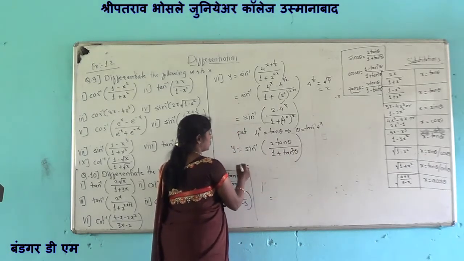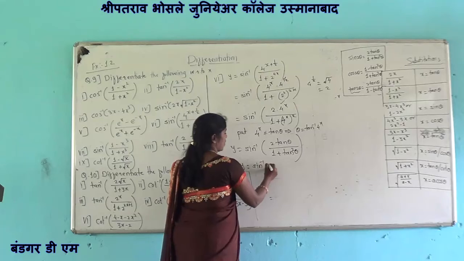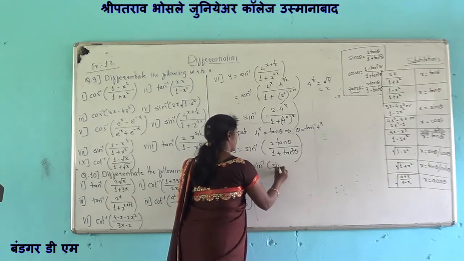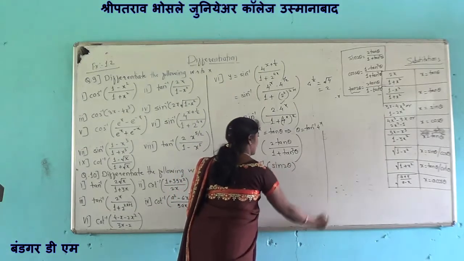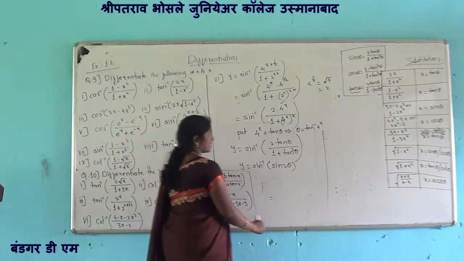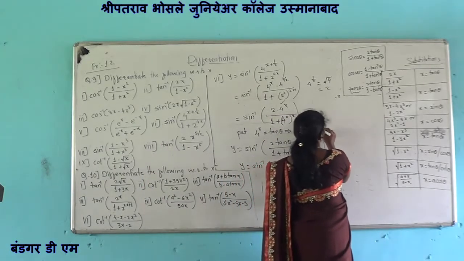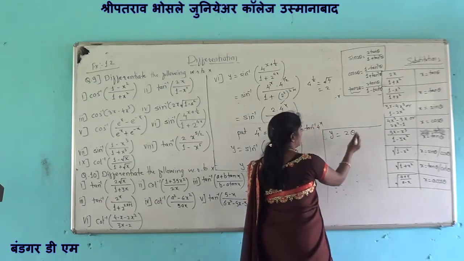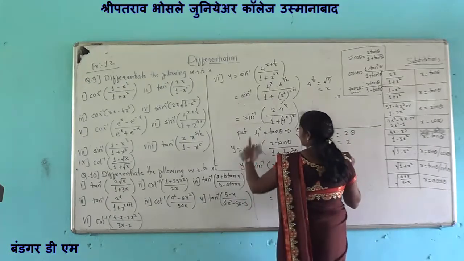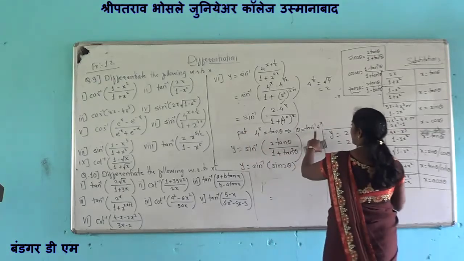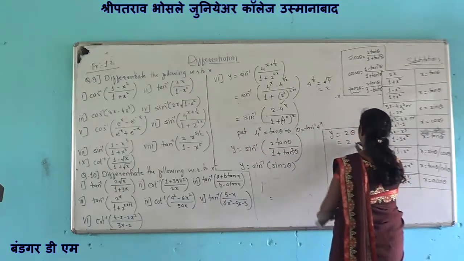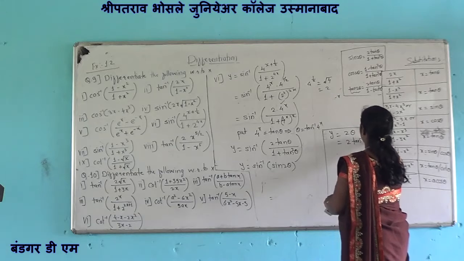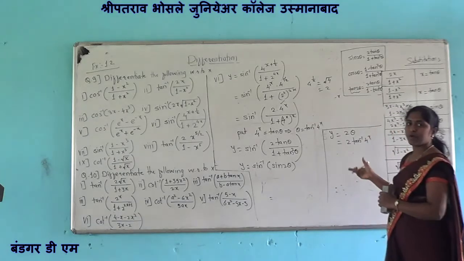This is the formula for sin 2 theta, so sin inverse of sin 2 theta. So, sin inverse and sin cancel, we get y is equal to 2 theta, where theta is tan inverse of 4 raised to x.